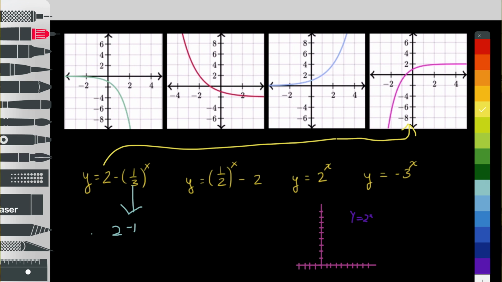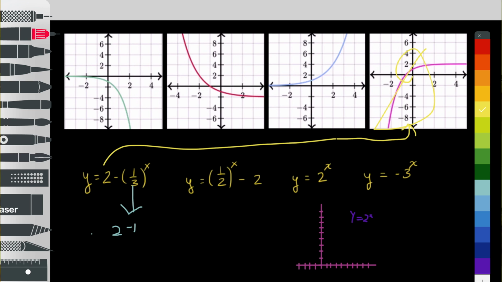So let's try something really huge, like 100, for example. (1/2) to the power of 100 is super small. It's going to be 1/2 times 1/2 times 1/2, and so on.